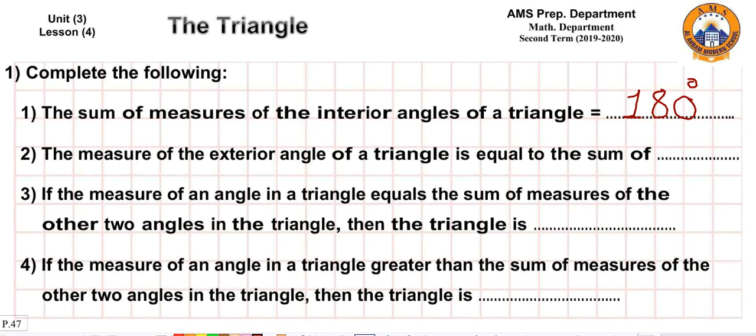The measure of the exterior angle of a triangle is equal to the sum of the non-adjacent interior angles.